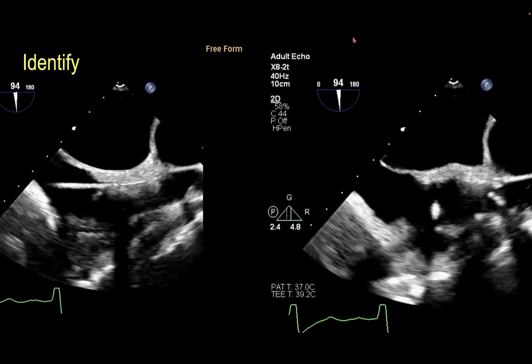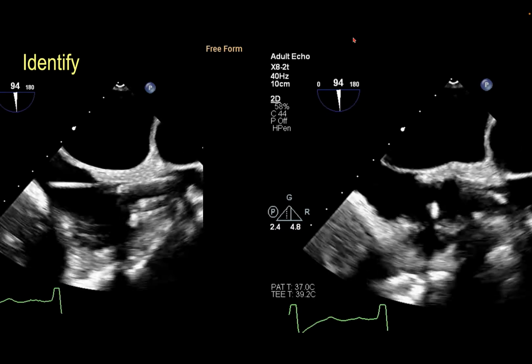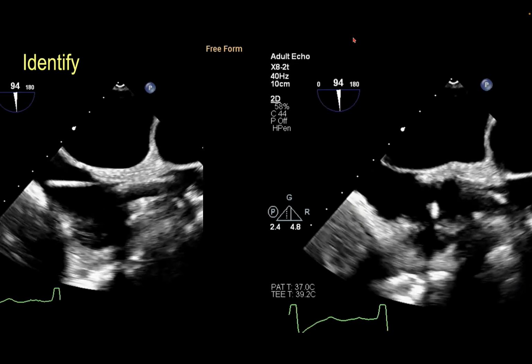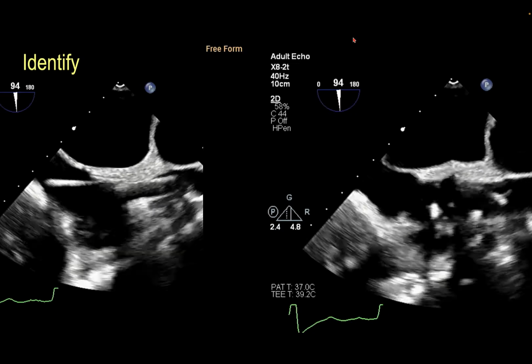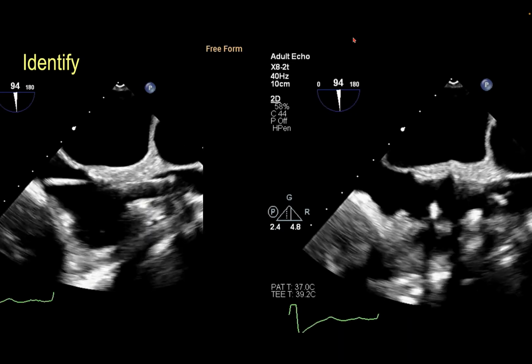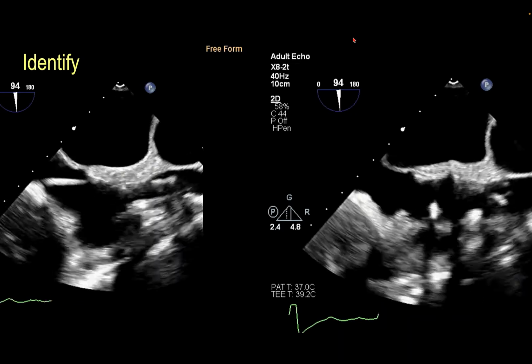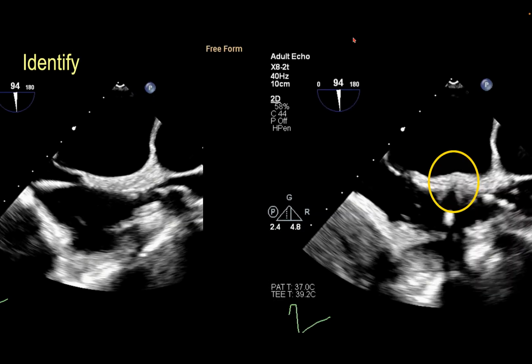That continuity from the IVC into the right atrium conclusively identifies the transseptal puncture needle, and not any one of the pacing leads in this case. And as you can see, once we identify the needle, we try to be very precise regarding its position and the point of its indentation. In this one, it is beginning to indent the thick portion of the superior limbus of the fossa ovalis.